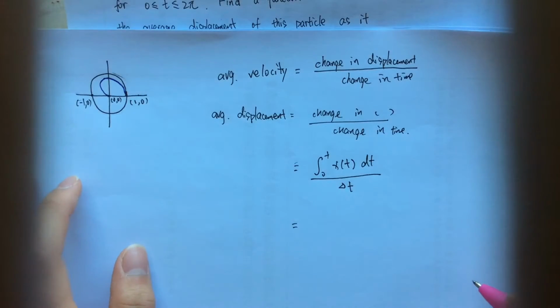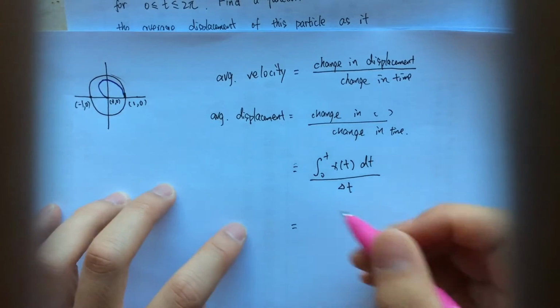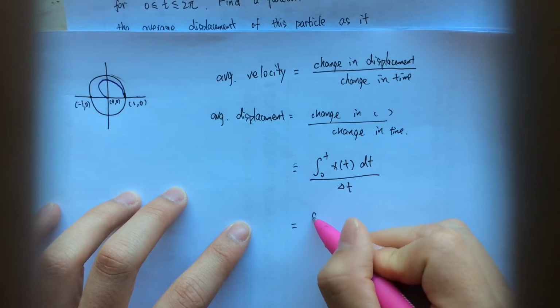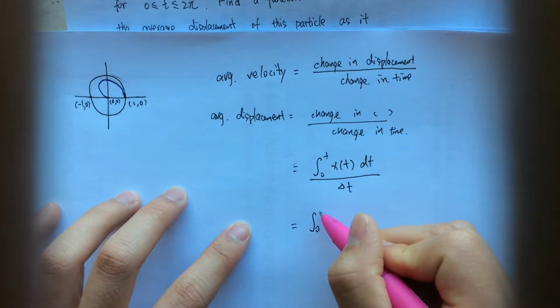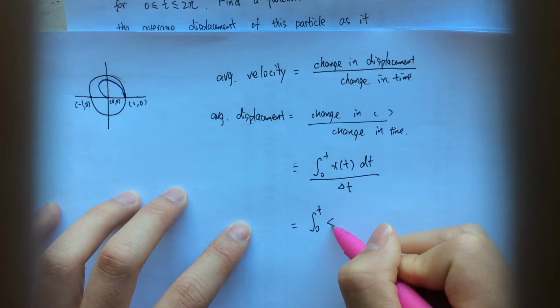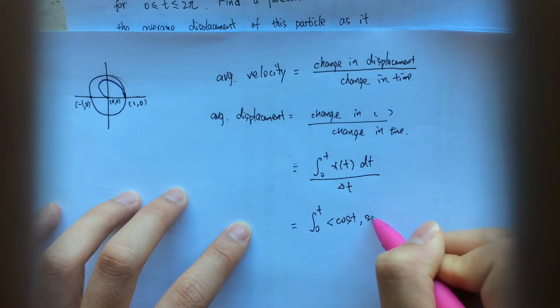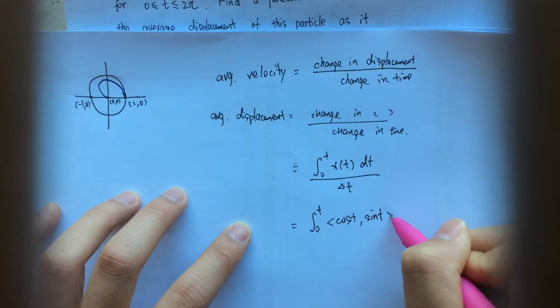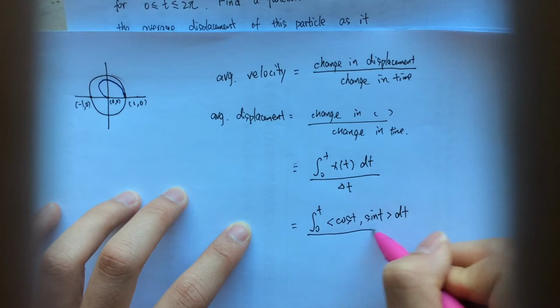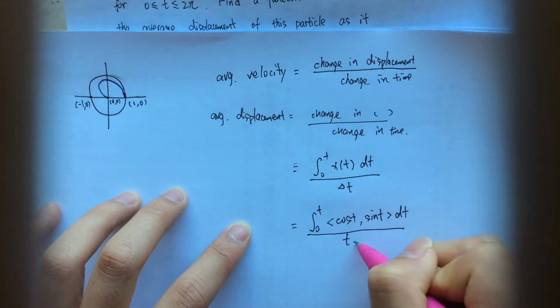Okay, now let's plug our function in. This is equal to the integral from 0 to t of our function, cosine t, sine t, dt, over t minus 0.